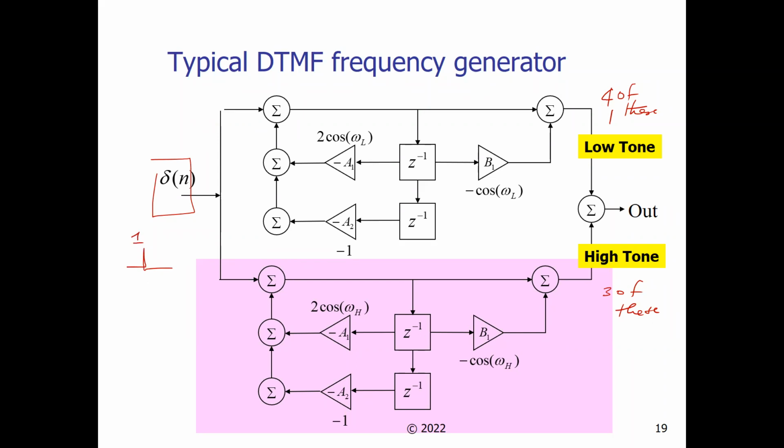As it goes into the system, that 1 generates, depending on which key was pressed, a mix of the low tone and the high tone, and you get the dual tone coming out. So you have 12 combinations to deal with. Make sense?